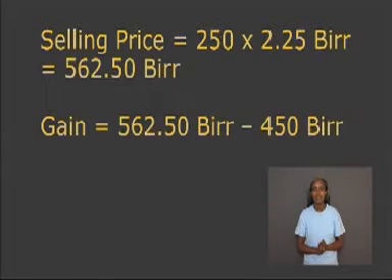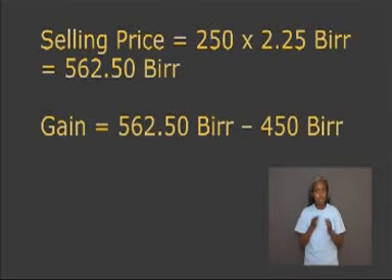The gain is calculated by finding the difference between the total selling price of 562.50 birr and the purchase price of 450 birr.